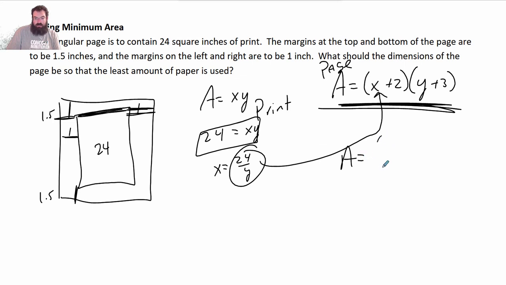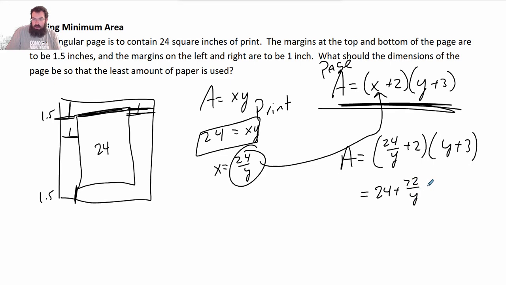So I get A is equal to 24 over y plus 2, times y plus 3. And I'm going to multiply that out because I can. I'm going to FOIL it, basically. So I get 24, plus 72 over y, plus 2y plus 6, which is equal to the area.